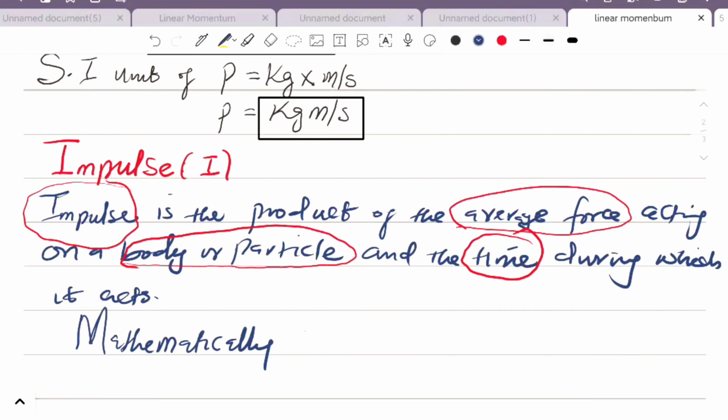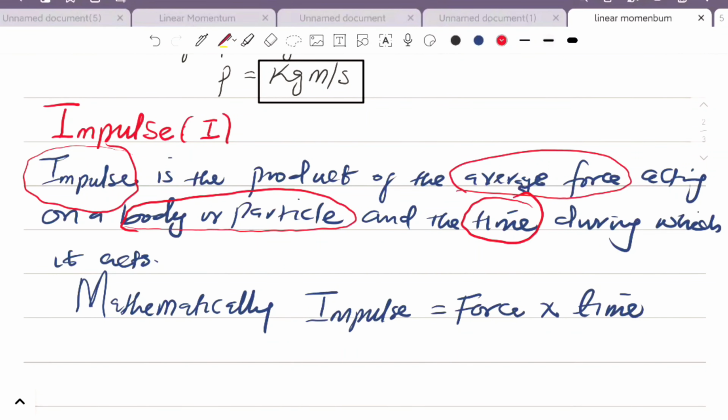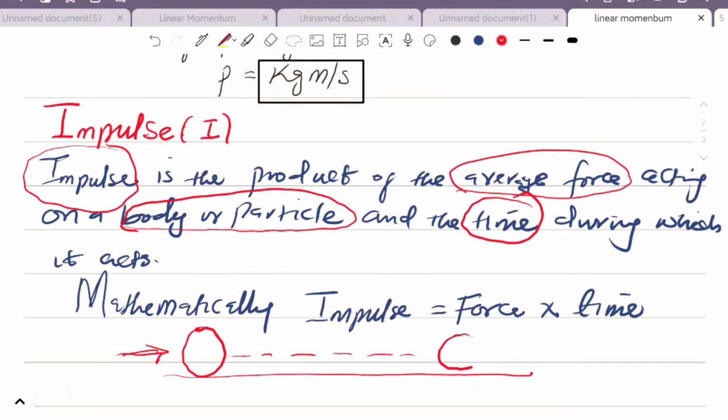Mathematically, we can now write impulse as equal to force multiplied by time. Is that clear? If force is applied on this object of mass, it will move across its distance, motion comes into effect, and time will be utilized.